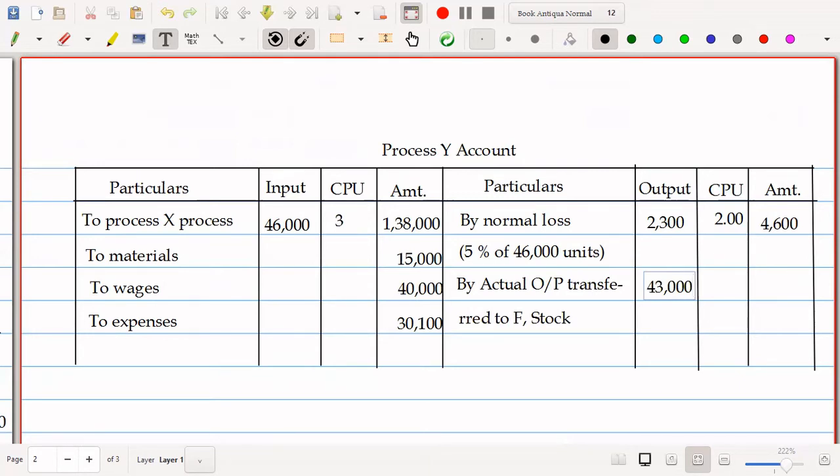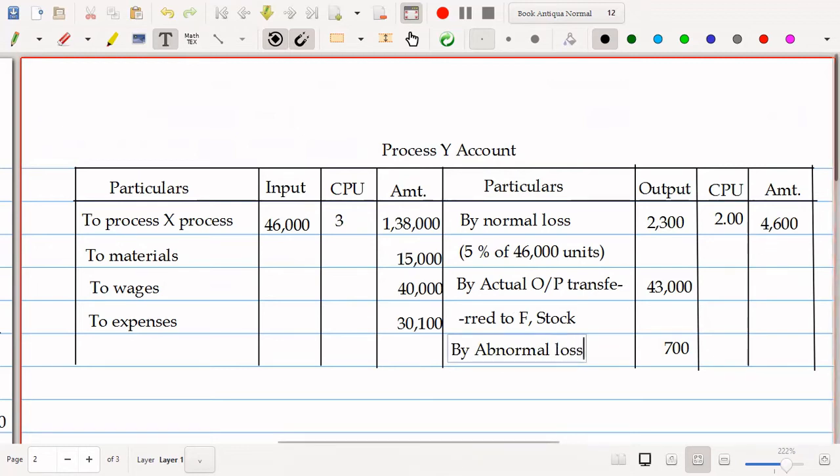And let's check the total on both sides. This is 46,000 and this shows 45,300, and there is a difference of 700 units. So what is this? This is by abnormal loss.